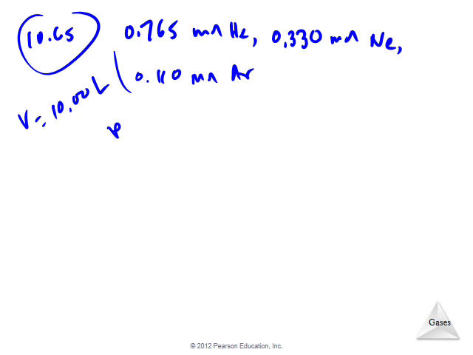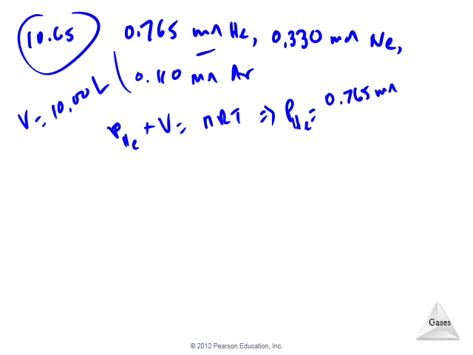Pressure of, say, helium times the total volume equals nRT. So pressure due to helium would be given by nRT. We already know the number of moles of helium, which is 0.765 mole, and we know our R value, and we also know the temperature.